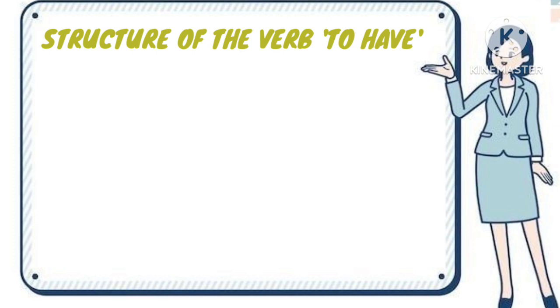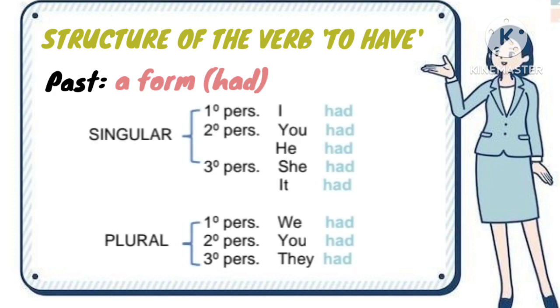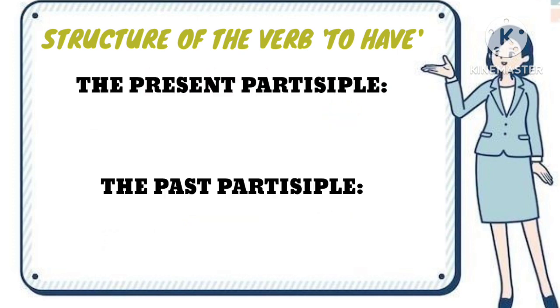The verb to have in the past tense has one form: had. I had, you had, he had, she had, it had, we had, you had, they had. The present participle of the verb to have is having. The past participle of the verb to have is had.